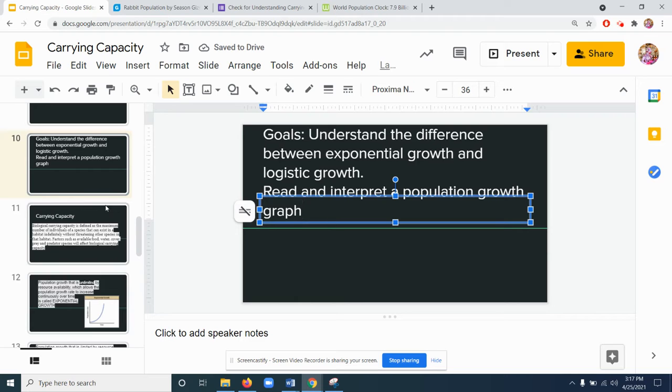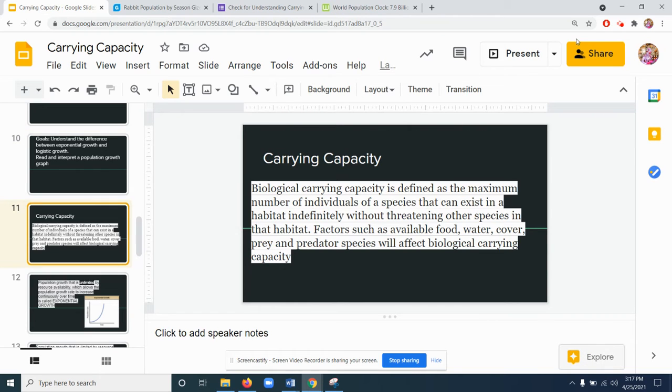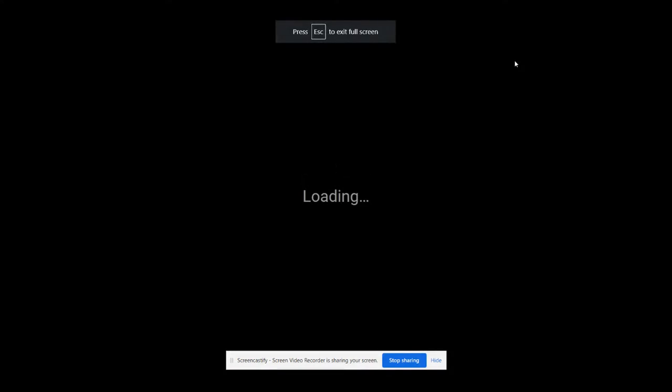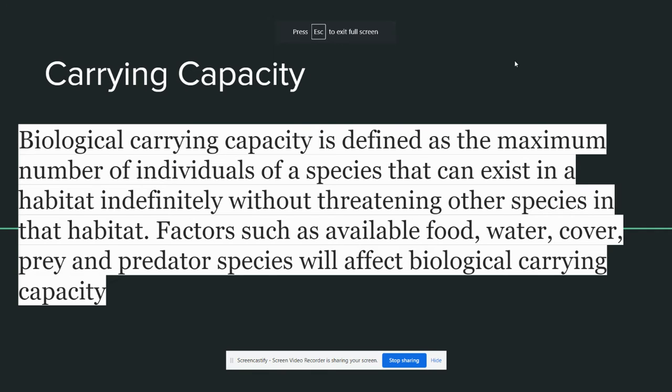So let's review. There's various definitions of carrying capacity, but they're all essentially talking about the same thing. So let me read to you the definition. It says biological carrying capacity is defined as the maximum number of individuals of a species that can exist in a habitat indefinitely without threatening other species in that habitat. Factors such as available food, water, cover, prey, and predator species will affect biological carrying capacity.